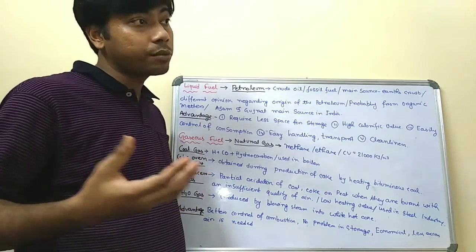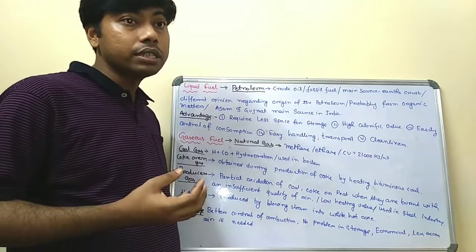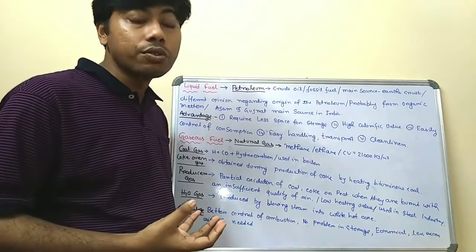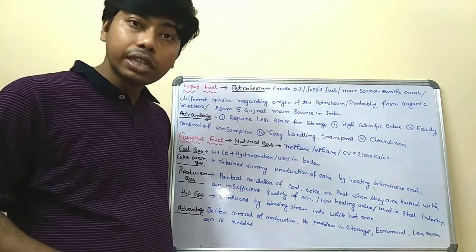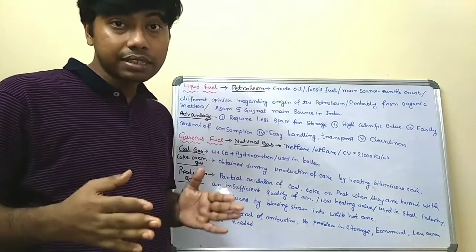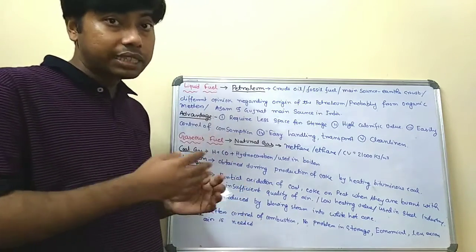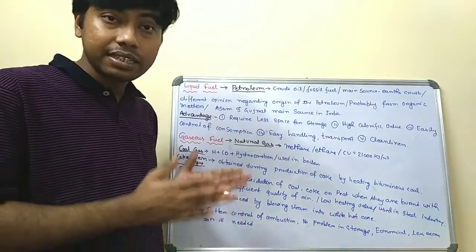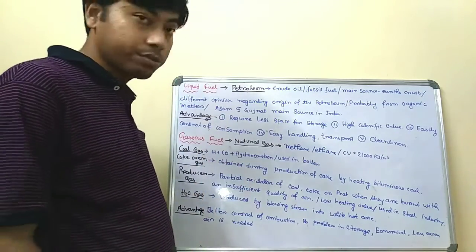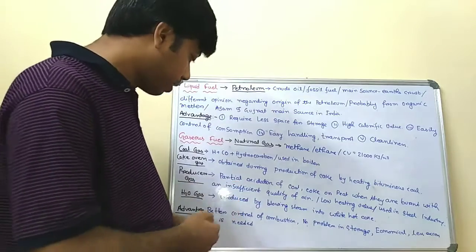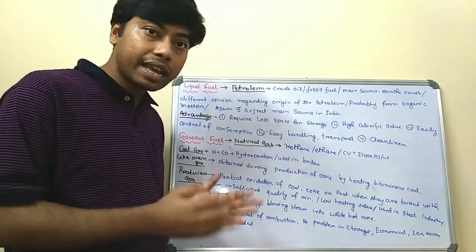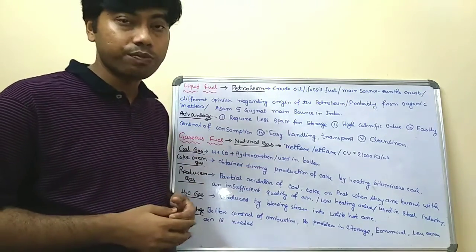So some excess amount of air, greater than the theoretical air, is required. That is excess air. In gaseous fuels, the percentage of excess air is less. We will discuss this elaborately when we cover theoretical air, excess air and the stoichiometric ratio.